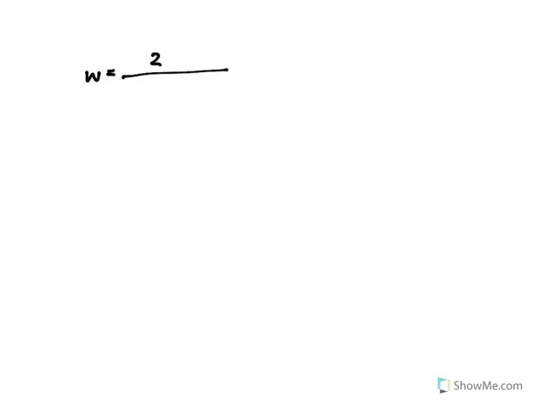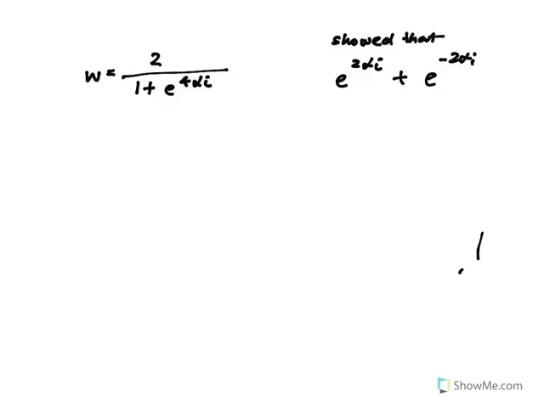Even though they did not state any hints, you can also think about trying to get the first part to link to this. In the first part you have shown that e to the power of 2 alpha i plus e to the power of negative 2 alpha i is real. Here we are going to pull a trick where I can make part 1 appear. How do I do that?